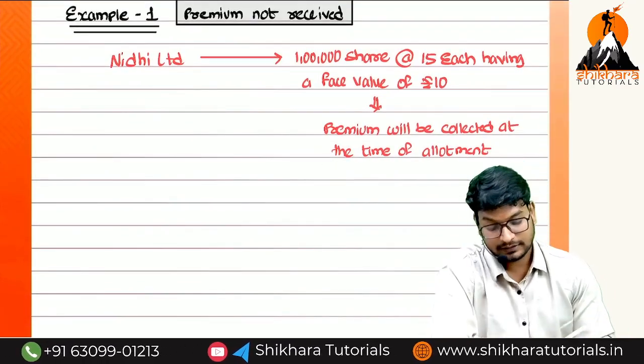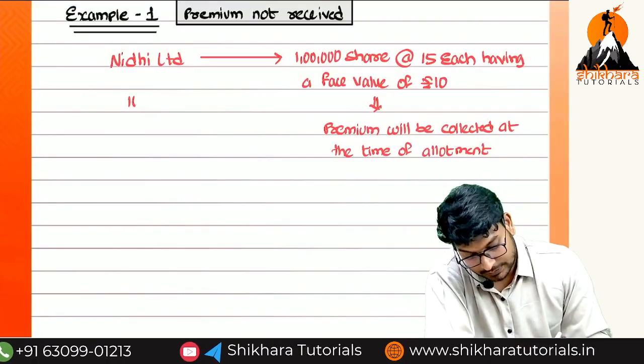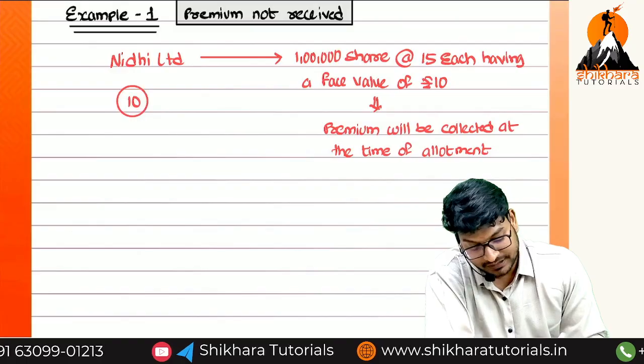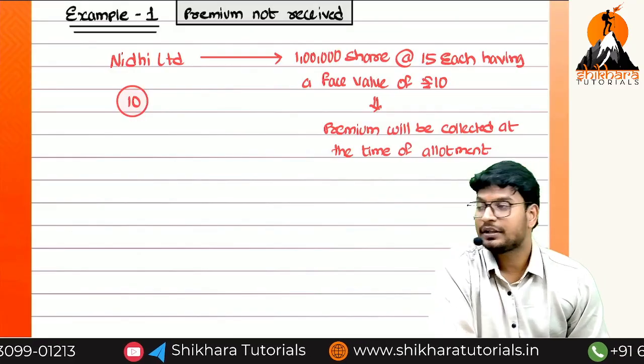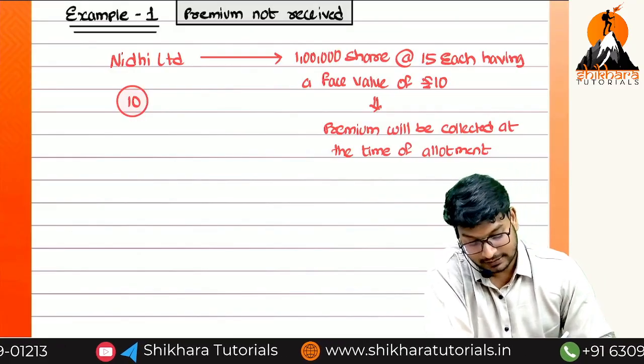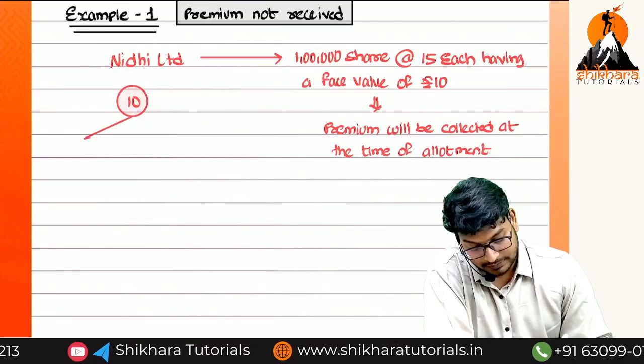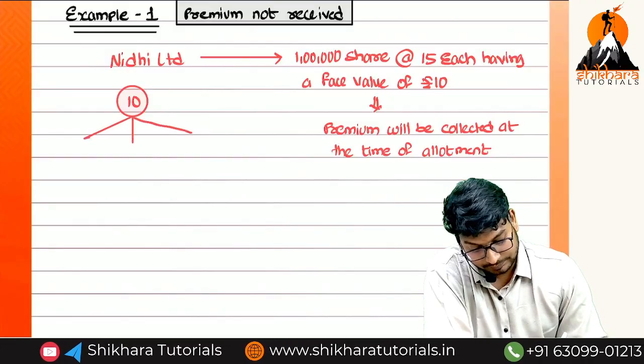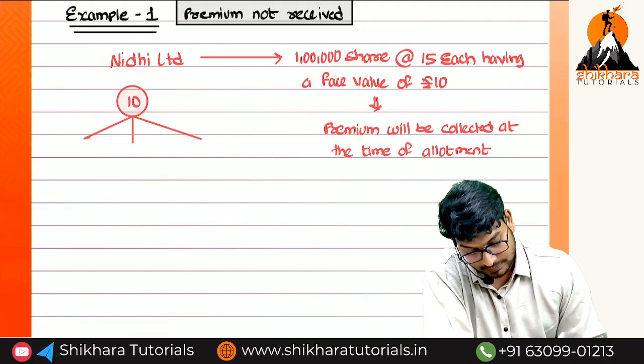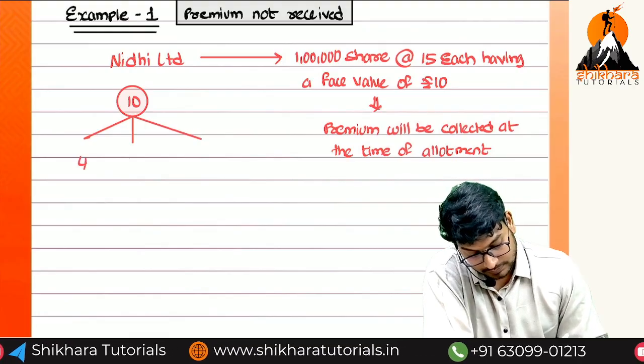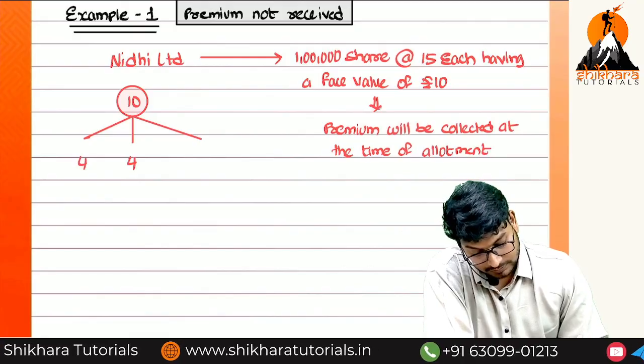Okay, now we want the installment amounts. I am breaking the 10 rupees, so including premium or excluding premium? Excluding premium. So 4, 4 and 2.